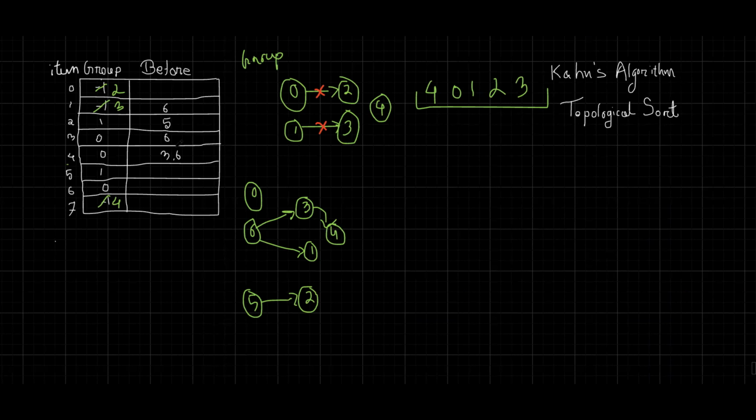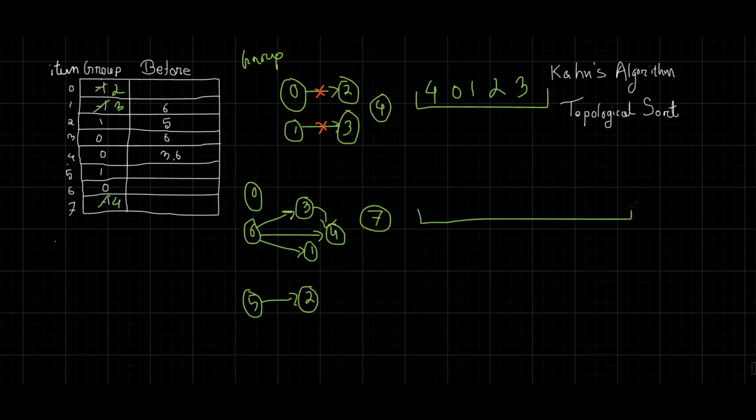For this 6 and 4, 6 should be taken before 4. Now the node 5 is presented here, the node 6 is presented here, and we have to put 7 here because 7 does not have any dependencies.